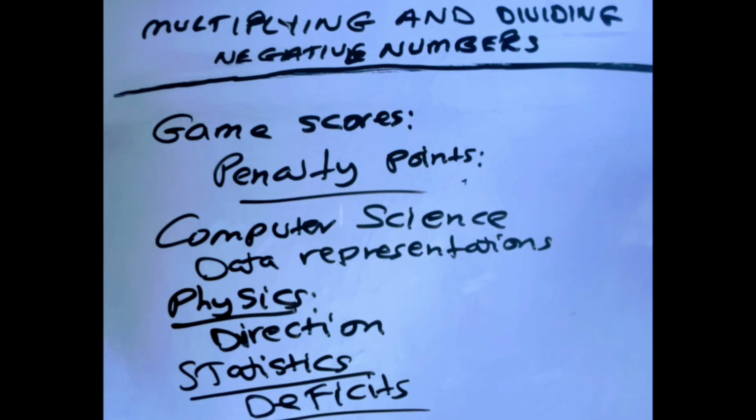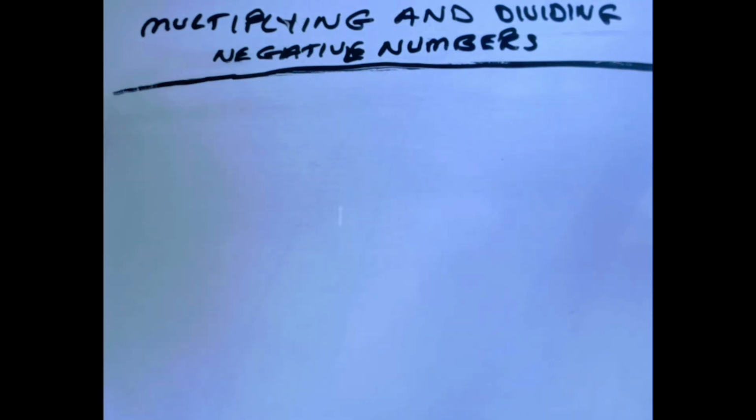So as you can see, there's many fields where we use negative numbers, and most people wonder why math is important, but do you see how many of these fields you can get into by actually studying mathematics? Now that we have seen all the fields that you can get into by just studying math, specifically negative numbers, we've seen how you can apply them in real life.